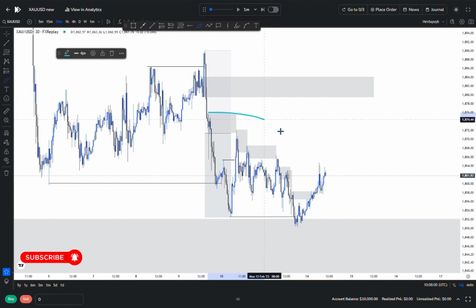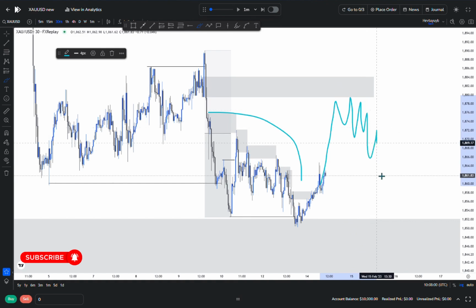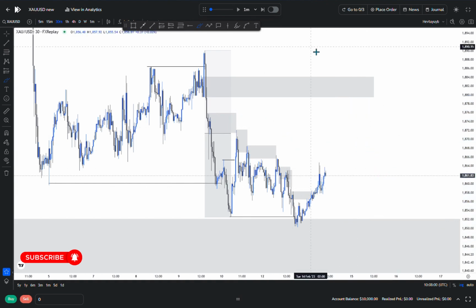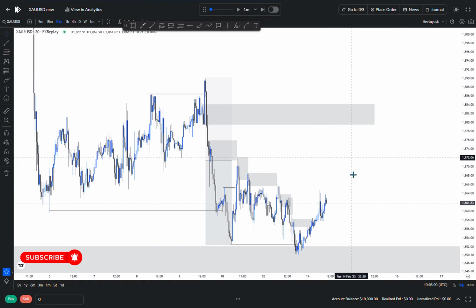Price can clear this liquidity and then get to this level and continue selling to the downside. Or if price should fail here, then I'll be looking for a buying opportunity in alignment with the higher time frame market direction.